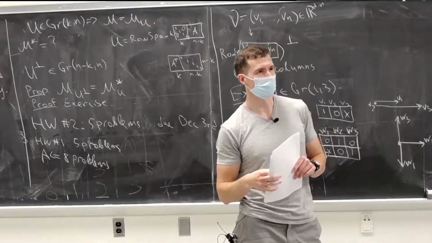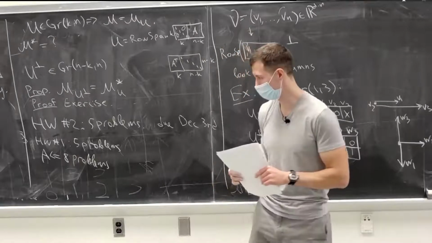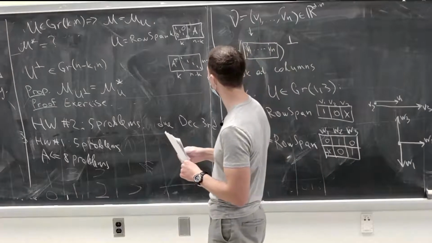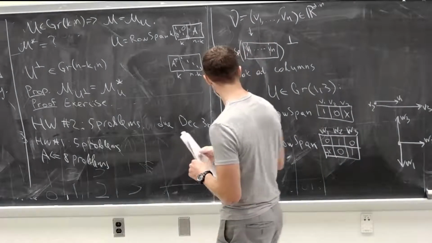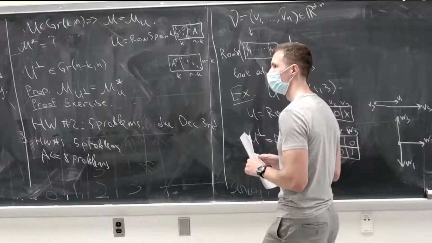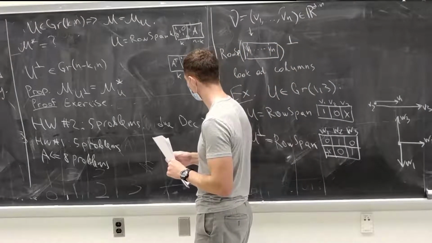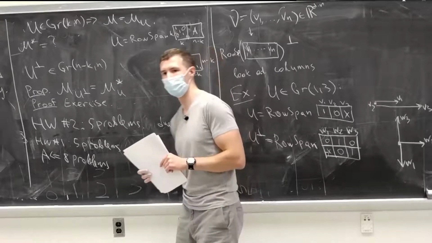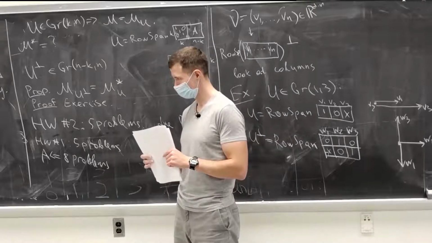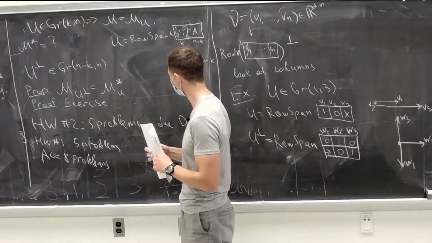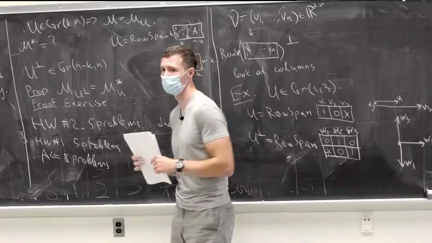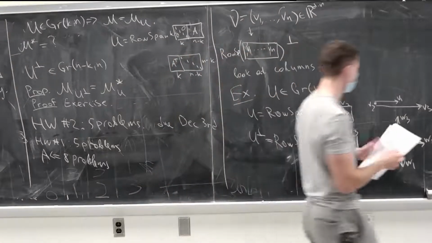Let me actually think about it. I thought this would work over any field. Yeah, this is a good question. I thought I knew this answer, but maybe I don't. All right, I'll think about it. I'll mention this on Wednesday.